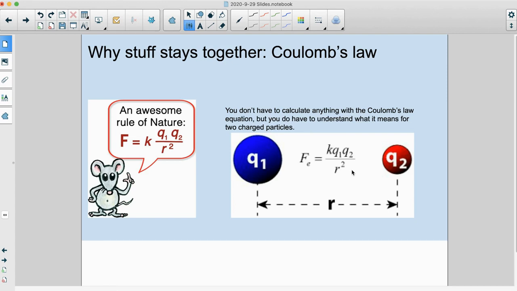You do not need to be able to calculate anything in Coulomb's law. And as someone noticed in class, it looks a lot like the gravitational equation for gravity. And it's exactly the same form. Okay, so this is Coulomb's law of electrostatics.